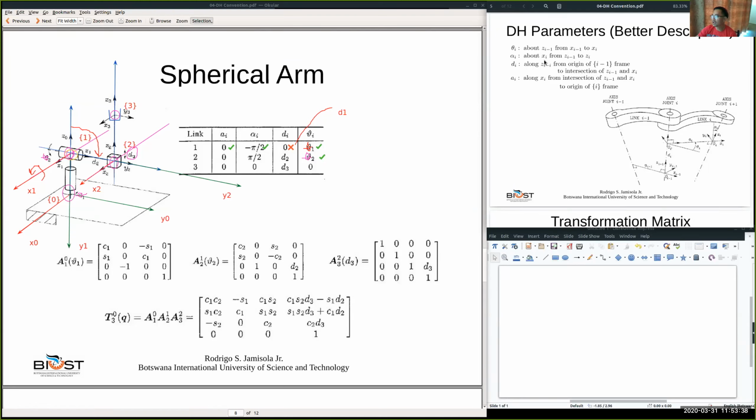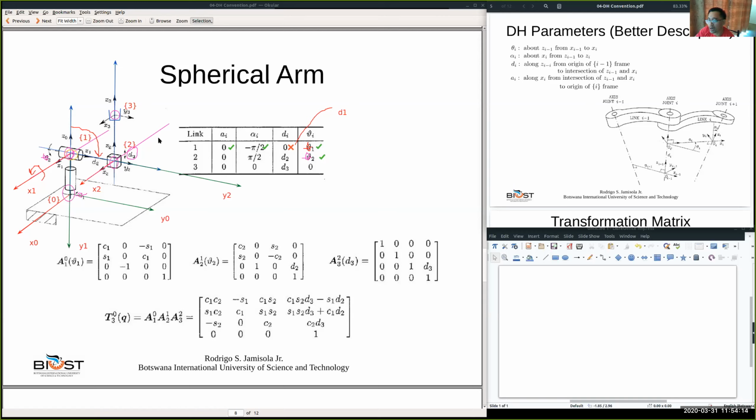Alpha 2. About X2, where is X2? X2 is this one. About X2 from Z1 to Z2.